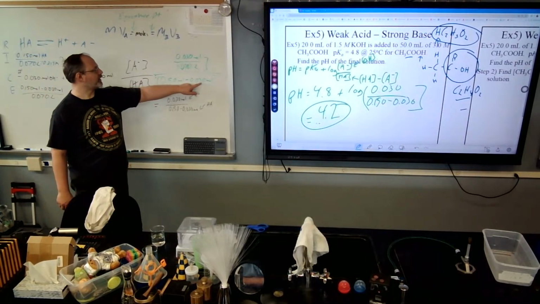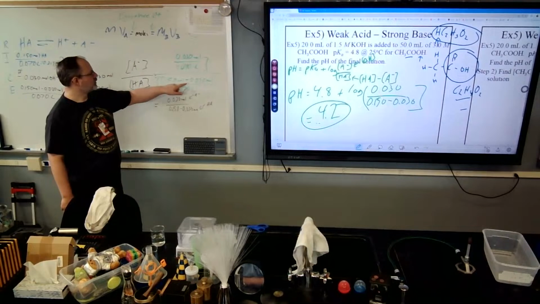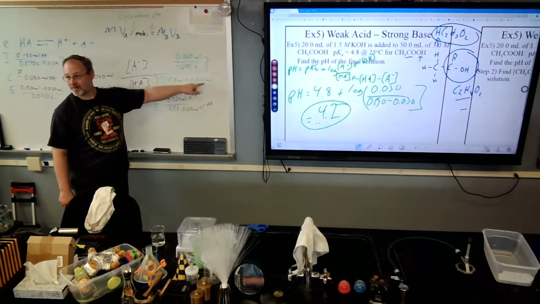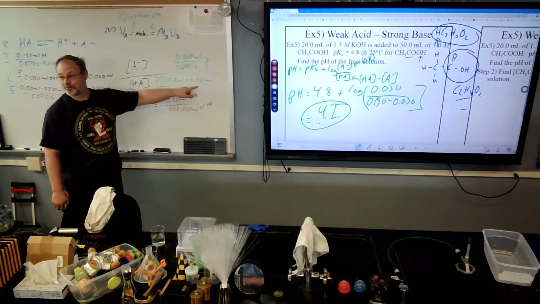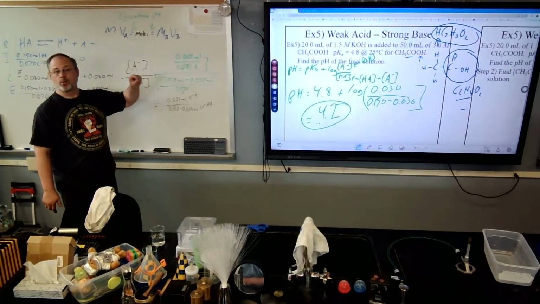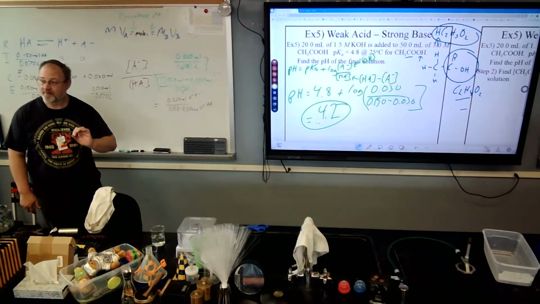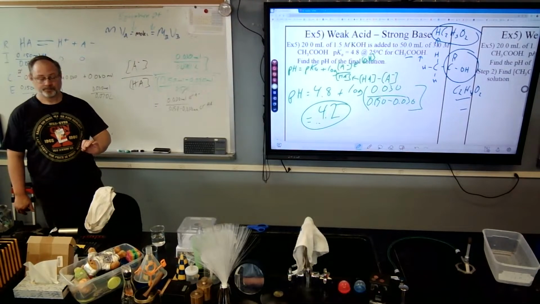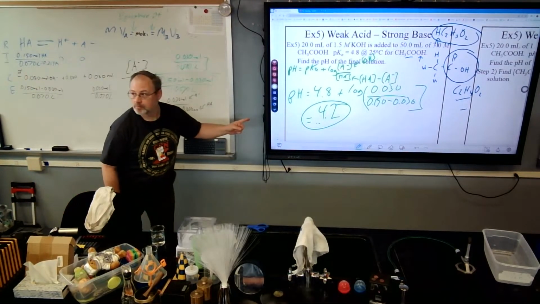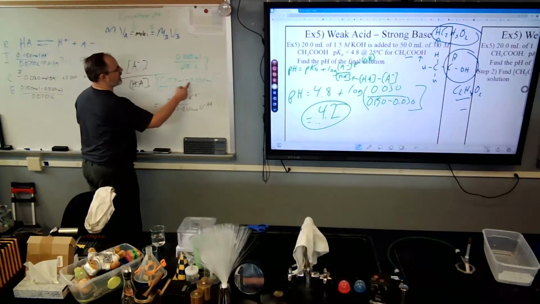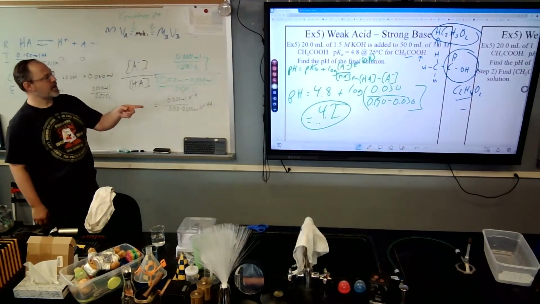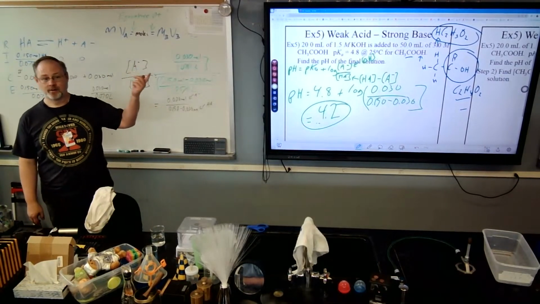We only consumed that. Half of it would have been 0.075, right? So we didn't consume half, which means our pH should be less than the pKa. And it is. If we consumed more than half, then the pH would have been higher than the pKa.